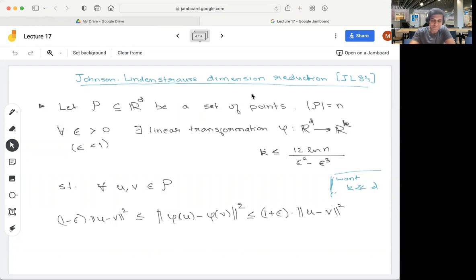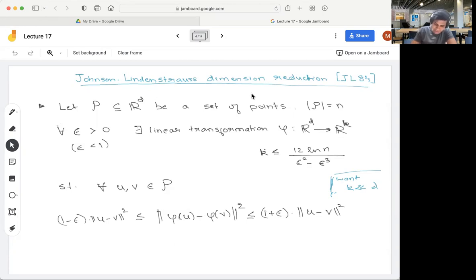But a lot of the time, when we think of a data set, we want to think of whether 2 points are close to each other or far apart, as maybe some notion of whether they are similar or not. And here we're just trying to look at the L2 distance, just the distance given by the inner product on R^d, which is the standard Euclidean distance that we are used to.